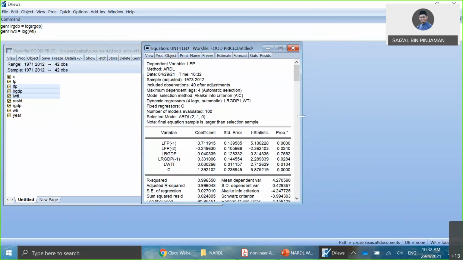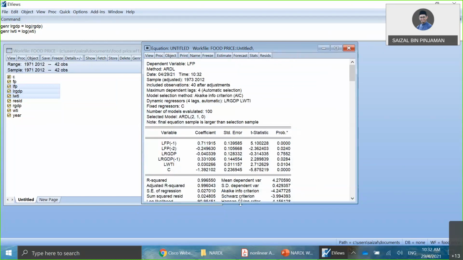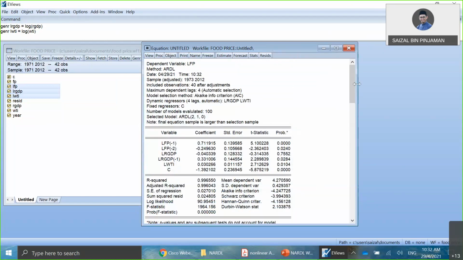Here you can see that we have the ARDL estimation for the variables. Here we have various information. For example, the number of observations is now 40 after adjustment. So EViews will automatically adjust the number of observations.